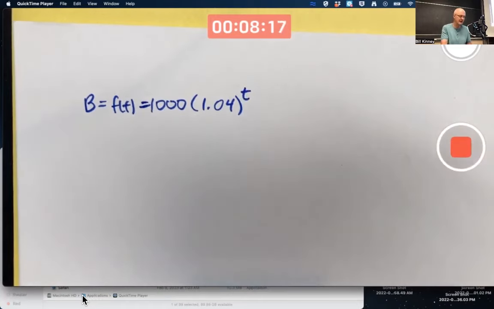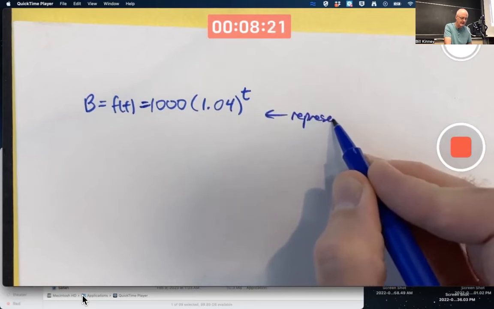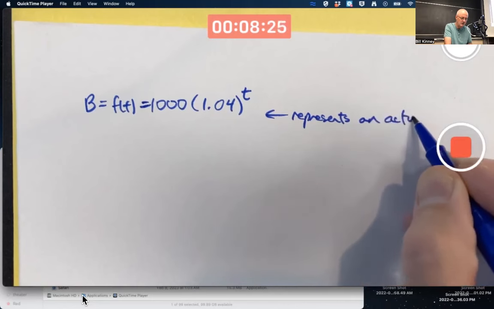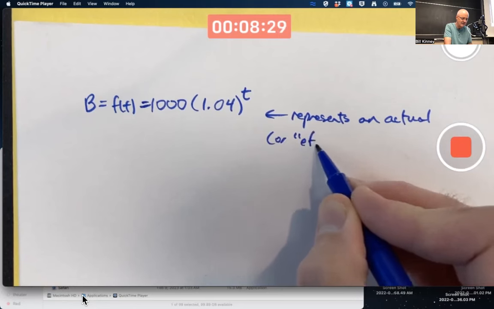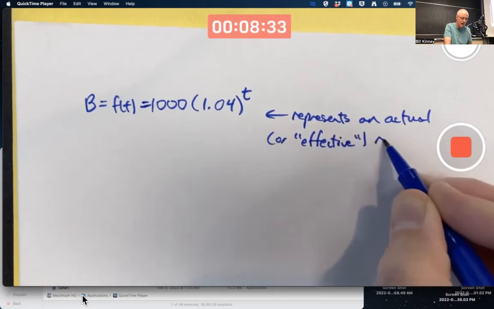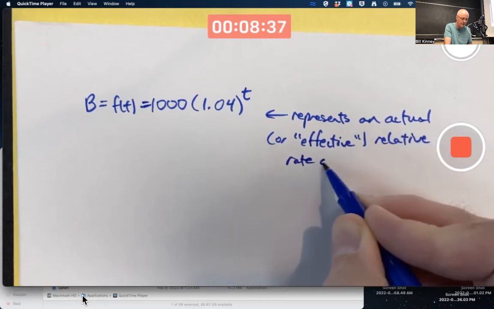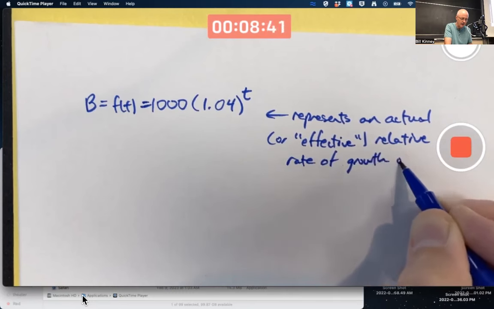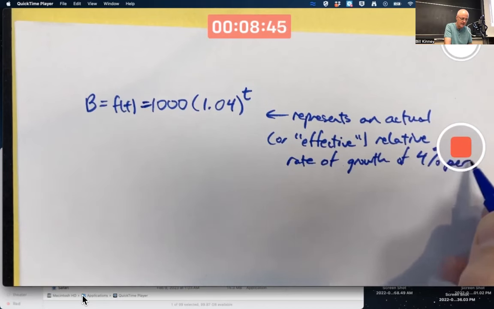This represents an actual or effective relative rate of growth. You want to get this terminology down, of 4% per year.